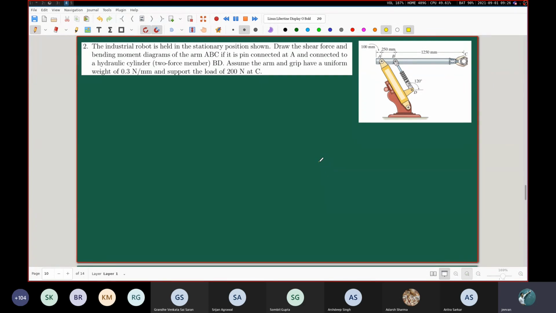Rather, each of these problems I have selected because of a certain characteristic feature which I thought would be important to highlight to you. Drawing the shear force and the bending moment diagram, that is certainly the most important objective here. That is what you have been asked to find out in each of the problems.